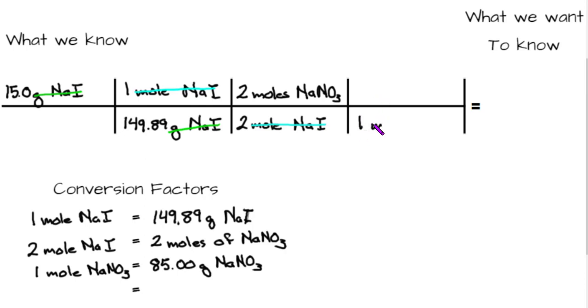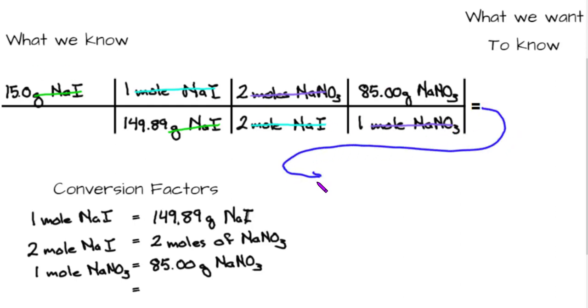So I can put 1 mole, and I can put 85.00 grams of sodium nitrate. Moles cancels with moles, leaving me in grams, which is what I want.